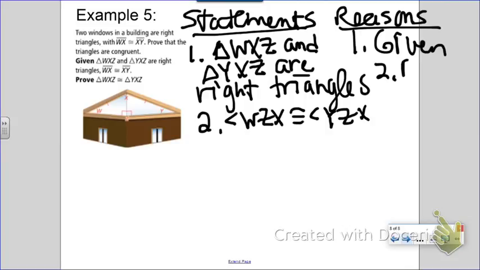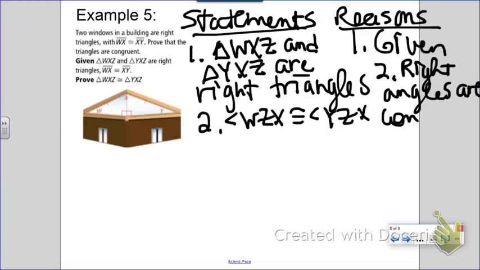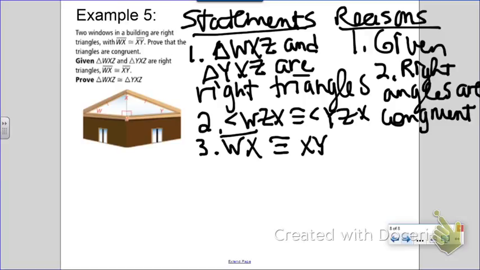Since they're right triangles, they have to be right angles congruent. We also are given that WX is congruent to XY. That's given for a reason.